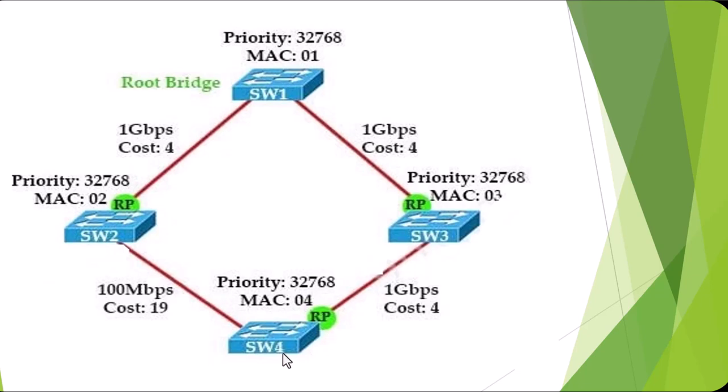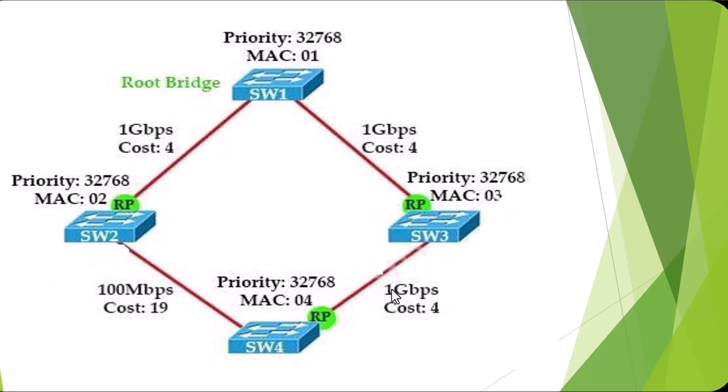Now from switch 4's perspective, to get to switch 1, which is the root bridge, we have two paths. One is from switch 3 then switch 1, and one from switch 2 to switch 1. From switch 4 through switch 3 to switch 1, the cost is 4 plus 4, which is 8, but through switch 2 to switch 1 it is 19 plus 4, because it is based on the bandwidth of the link.